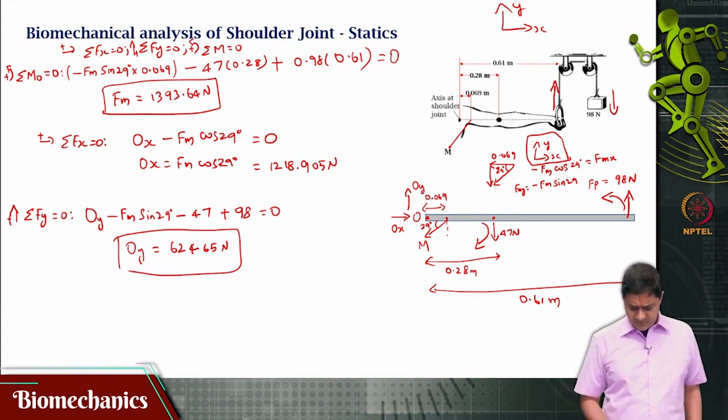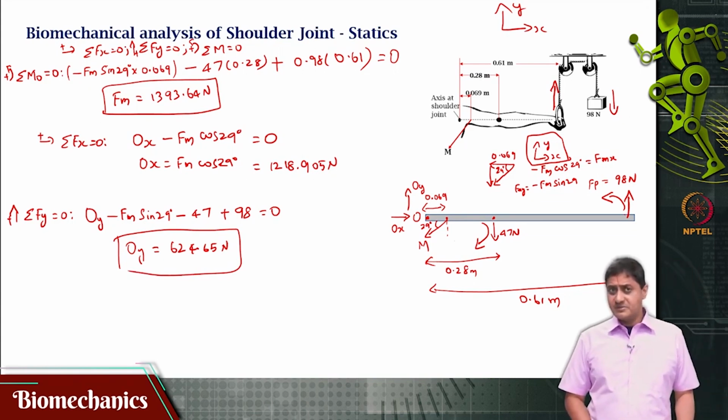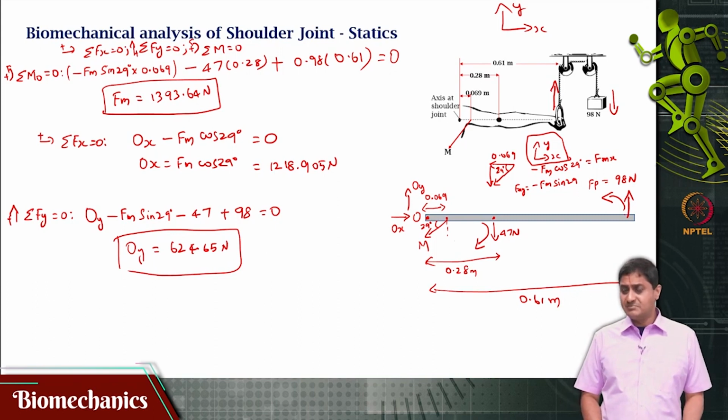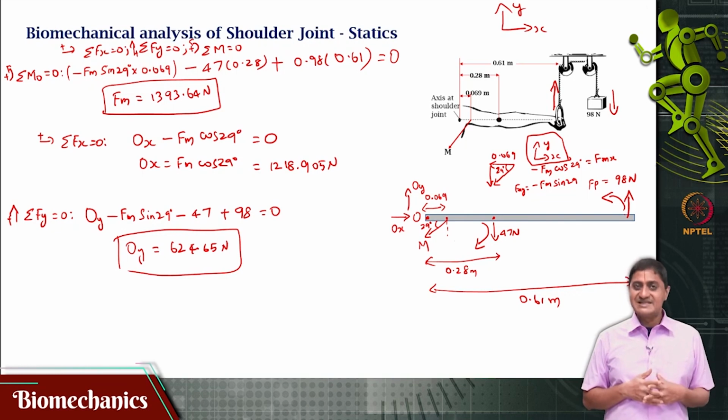Now, compared with the last problem, this problem appears to be slightly simpler because the forces are given, unlike masses and the corresponding distances at which these are acting, or the center of masses being given, where you will have to multiply the mass by 9.81 to get the weight or the force and let it act at the corresponding center of mass, which is why this problem is slightly simpler.